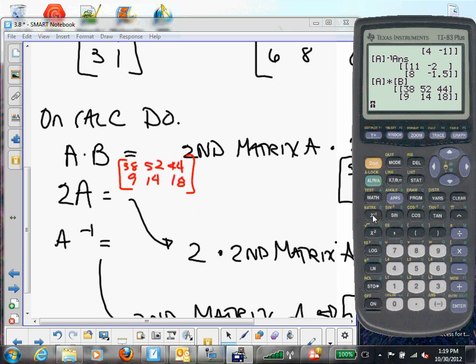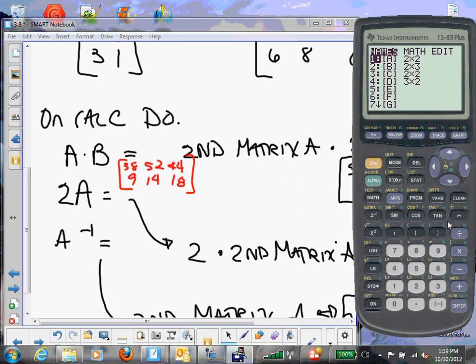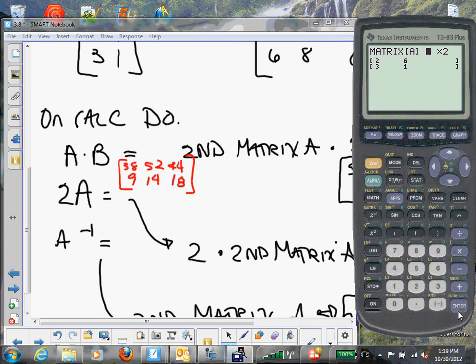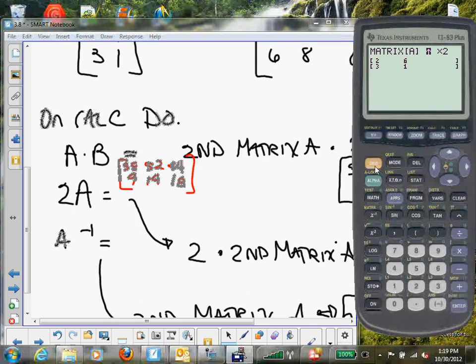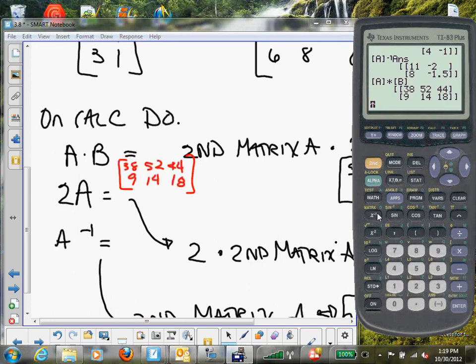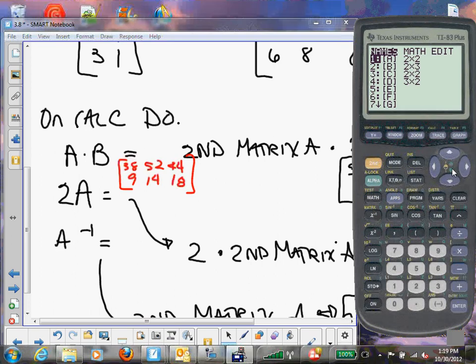Second, matrix. Okay, so let me look at what I have here. Is that right? 2, 6, 3, 1? Okay, second. No. Quit. So let me see what my B is. So this is like an error.